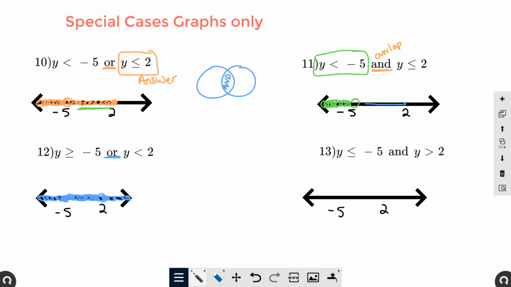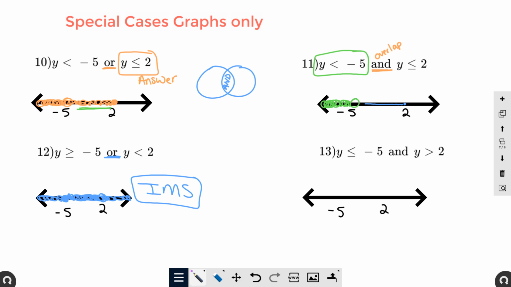They overlap and I shaded the whole thing, right? What's it called when you shade everything? Infinitely many solutions. So this would be my answer for a problem like this. If "or" shades like "and," it's IMS.